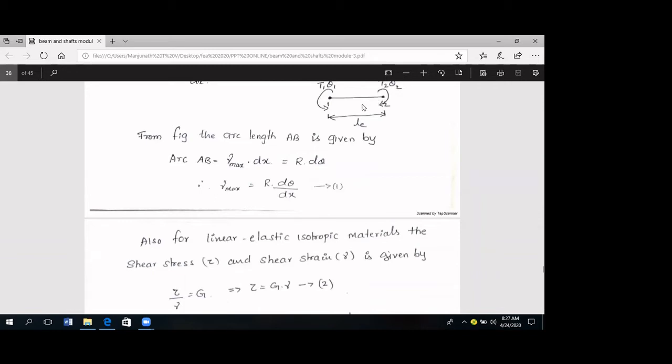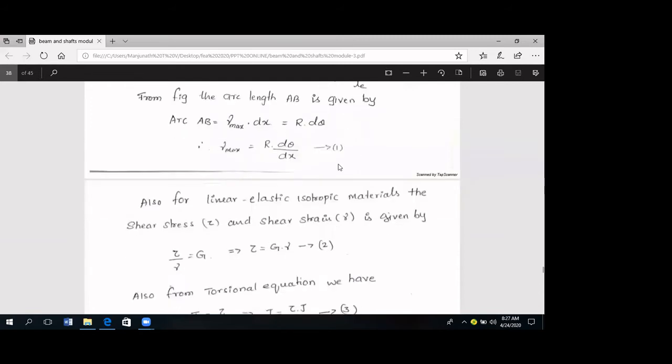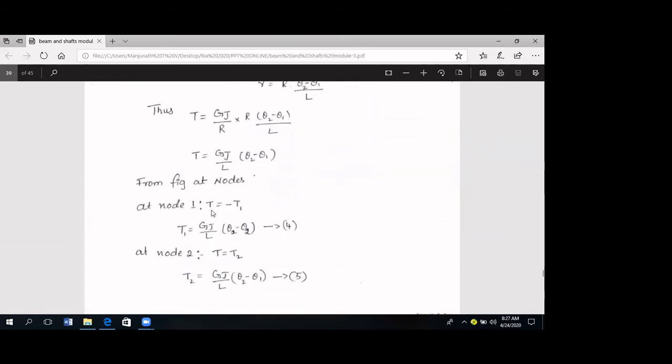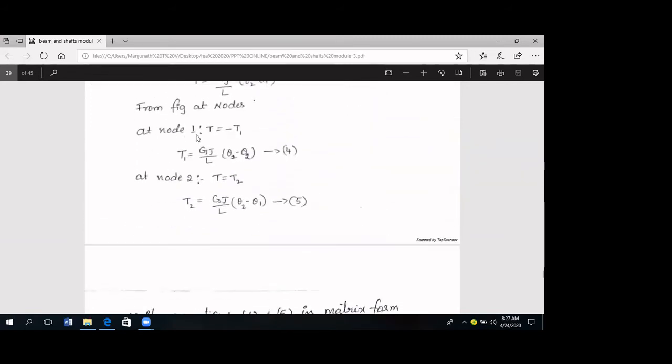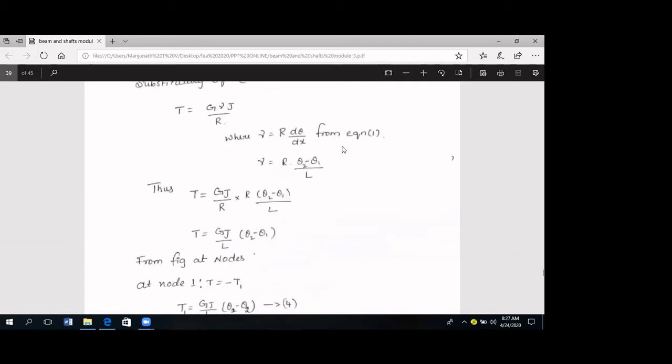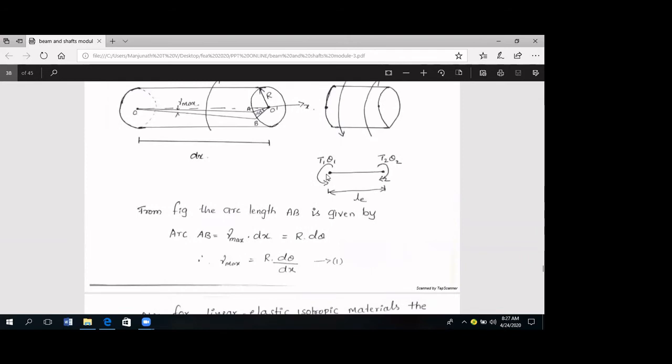At node number 1, the torque T equals minus T1. From the figure, the torque is applied in the counterclockwise direction. At node number 2, the torque applied is in the clockwise direction.